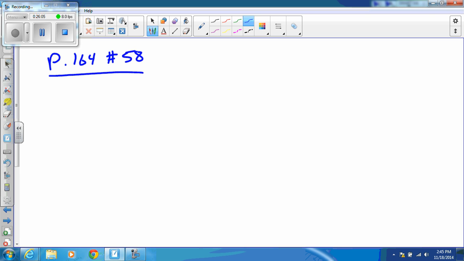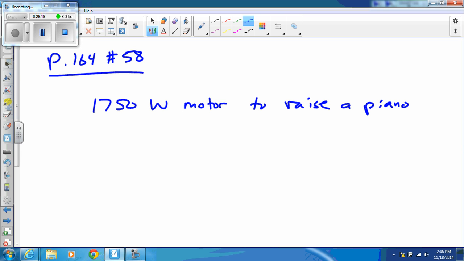And in problem number 58, they ask, how long will it take a 1750 watt motor to raise a piano of mass 315 kilograms a distance of 16 meters.